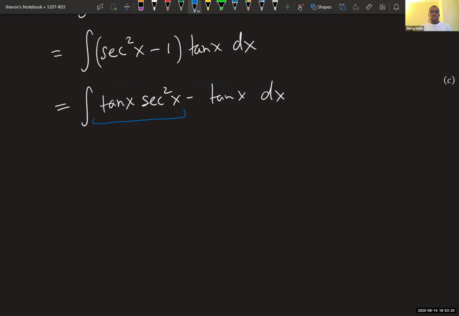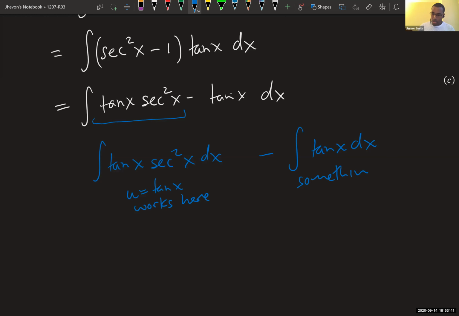So you actually have to think of it as two separate integrals, right? So there is the first one, and u equals tan x works here. And then you think of the integral of tan x separately and apply something else there.